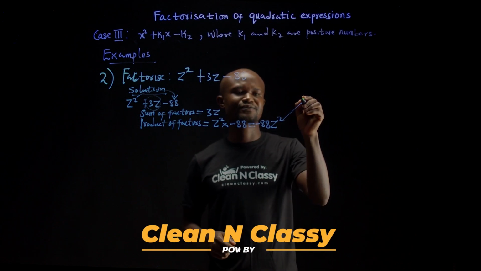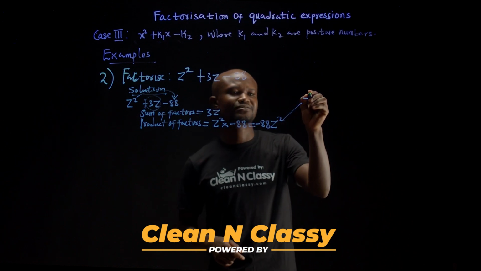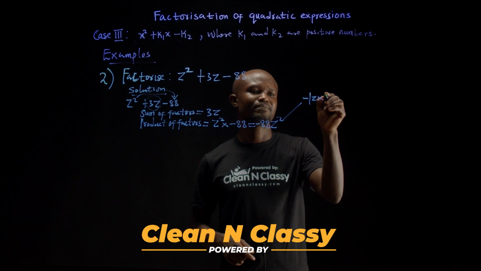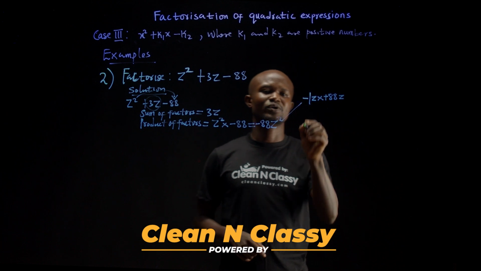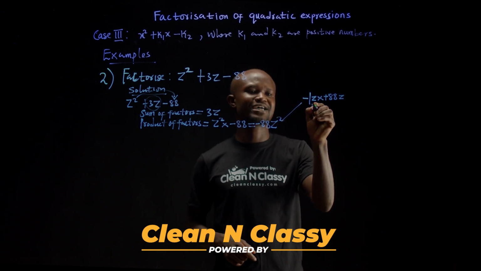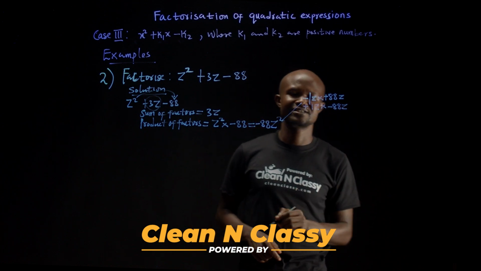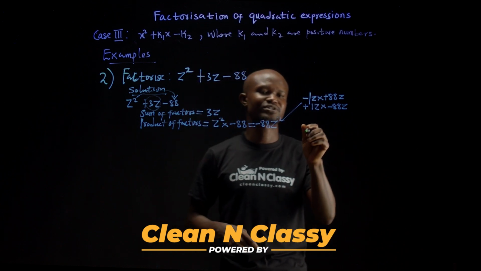We can have minus 1z times positive 88z. We can also have 1z, that is positive 1z times minus 88z. That is, one is positive, the other one is negative. That is case 3. Take note.